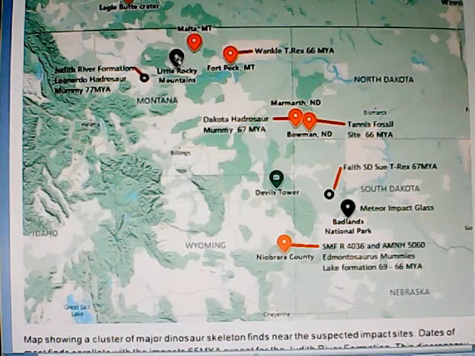So we have suspected meteor impacts here and here, and mummified dinosaurs. One of the most complete T-Rexes, another nice T-Rex, the Tanis fossil site. There's a mummy, two more mummies here, and like I said, what I expect is meteor impact sites.